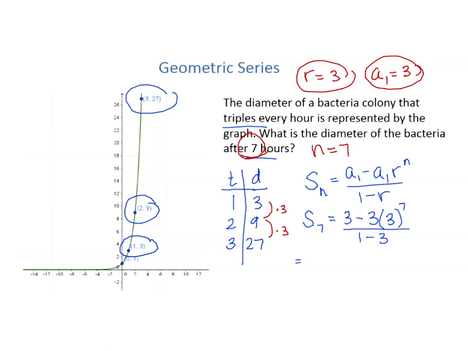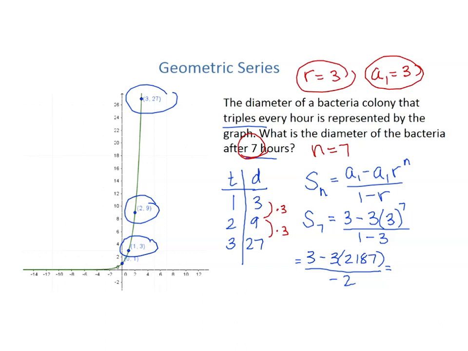So let me figure out 3 to the 7th. That's going to be a pretty big number. 3 to the 7th power is 2,187. So I have 3 minus 3 times 2,187, all over negative 2.